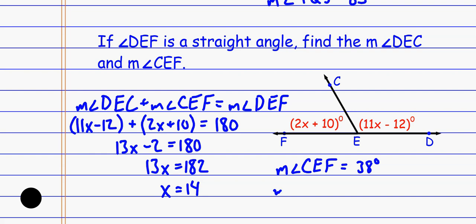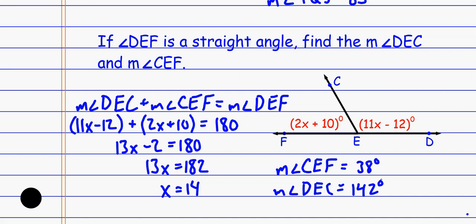To find the measure of angle DEC, I can plug it in too, which I think is a good idea. After you plug it in, go ahead and do the addition to see if it adds up to that 180 like it's supposed to. I got 142 when I plug that in. Quick check, add them together. Do they equal 180? Yes, I probably did it right.